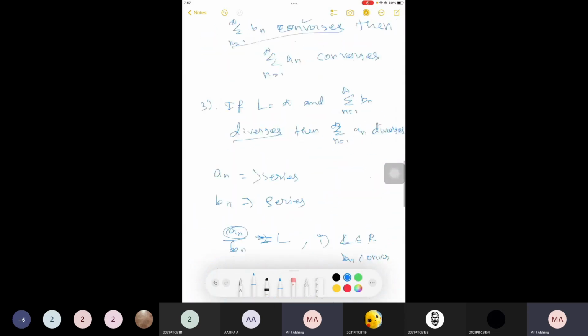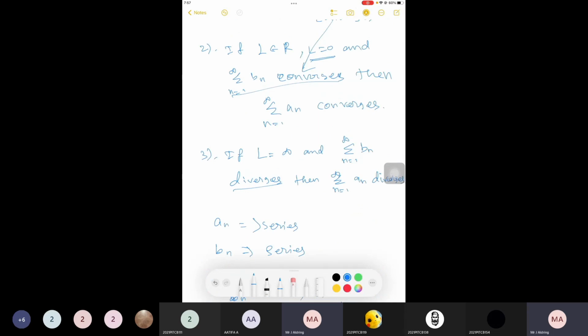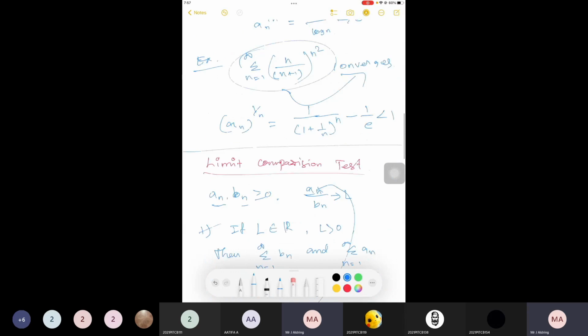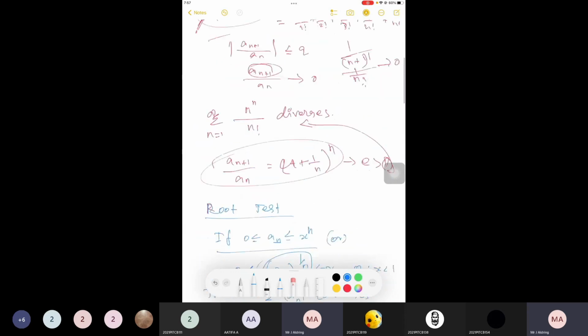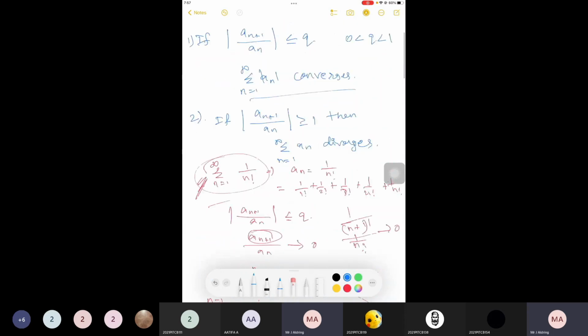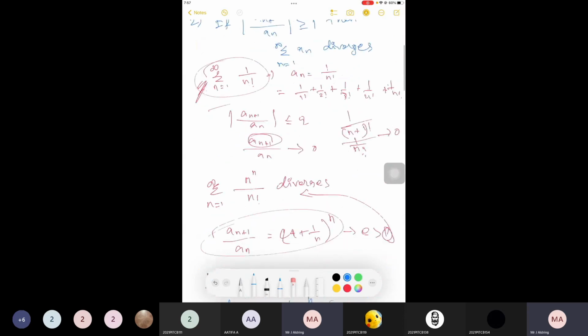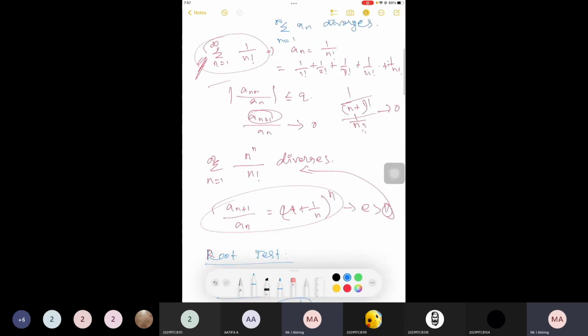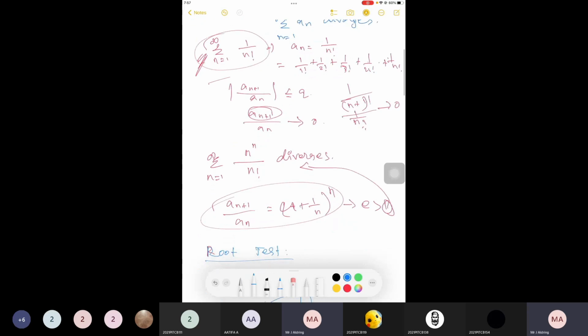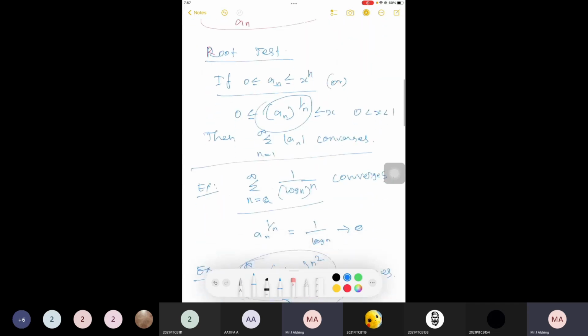I hope you can understand how to check whether a series is convergent or divergent. In this class, I focused on the concept. Based on the concept, you can apply it to the problem and get the answer whether it is convergent or divergent. I hope you can understand this class.